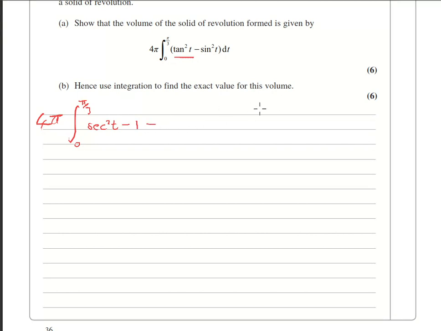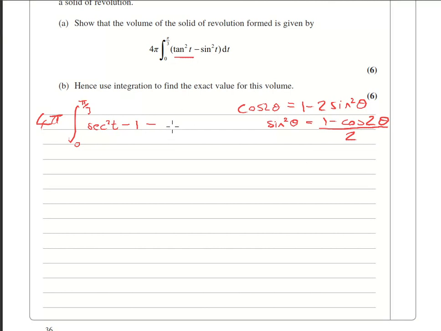The trick for sine squared is to use double angle formulae, and it's the same for cos squared. As I hope you know, cos 2 theta is 2 cos squared theta minus 1, but it's also 1 minus 2 sine squared theta. You can rearrange this to make sine squared theta equal to 1 minus cos 2 theta over 2, and that will be much easier to integrate.